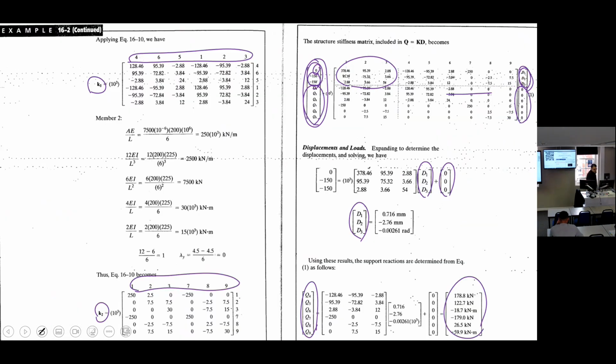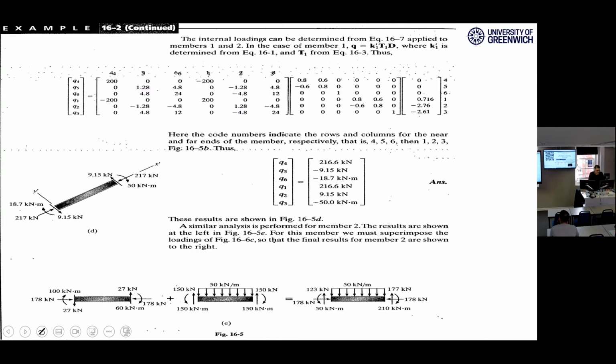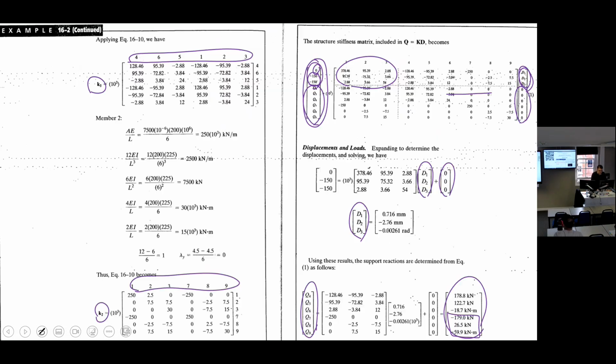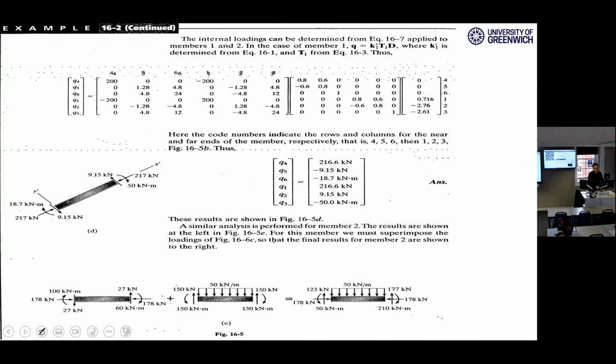These 3 are for that support we're talking about. These are for the elements. The 179, 26, 59.